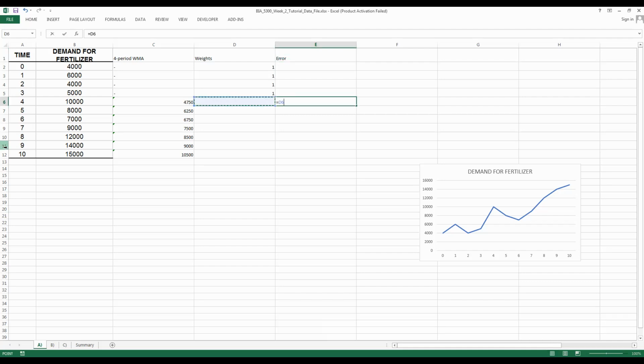This is just actual minus forecast. Down.